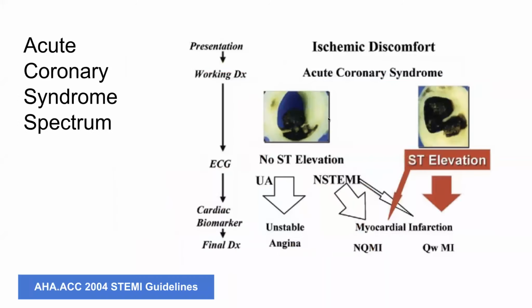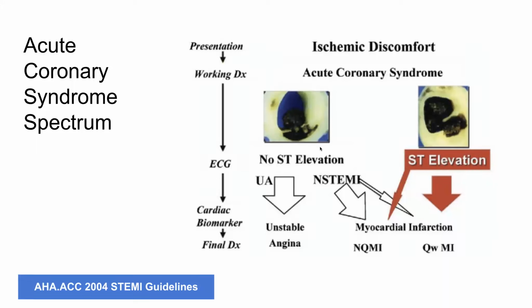Acute coronary syndrome can be of 2 types. Either there is complete occlusion of the vessel, and that is what's called an ST elevation myocardial infarction, because the occlusion of the vessel is seen as ST elevation on the EKG. Then you have the other group of patients who have partial occlusion of the vessel, and these patients do not have ST elevation on the EKG.